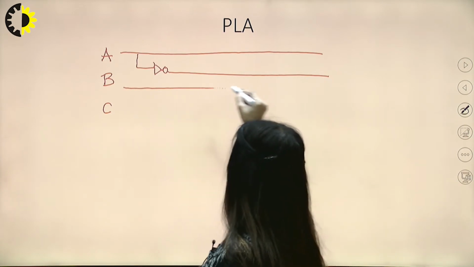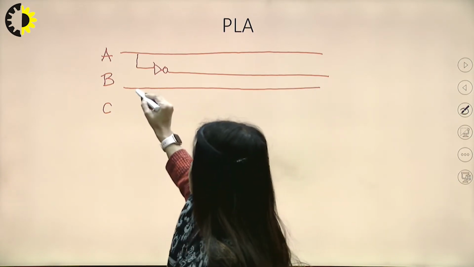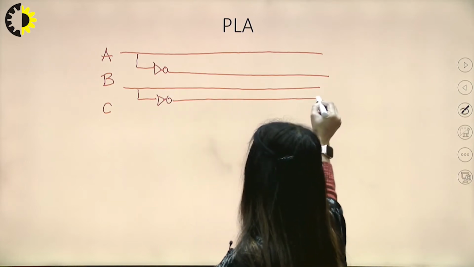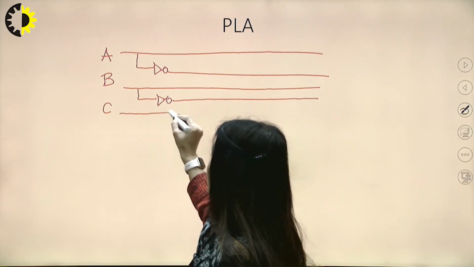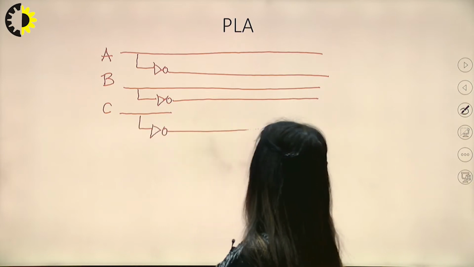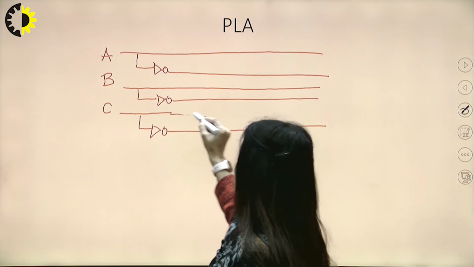Similarly, we will draw for B, B bar. Similarly, we will draw for C, C bar.